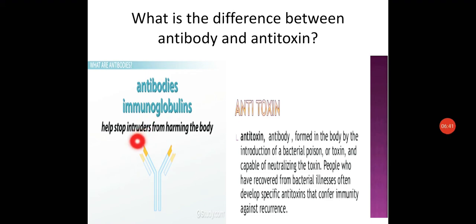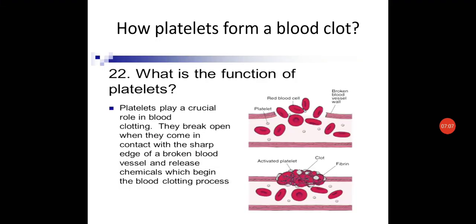Intruders are different types of pathogens, and pathogens are disease-causing agents. An antitoxin is formed in the body by the introduction of a bacterial poison or toxin and is capable of neutralizing the toxin. People who have recovered from bacterial illness often develop specific antitoxins that confer immunity against recurrence.